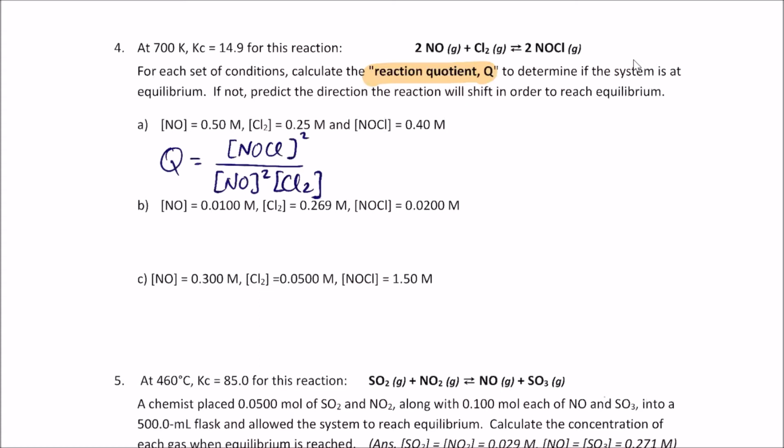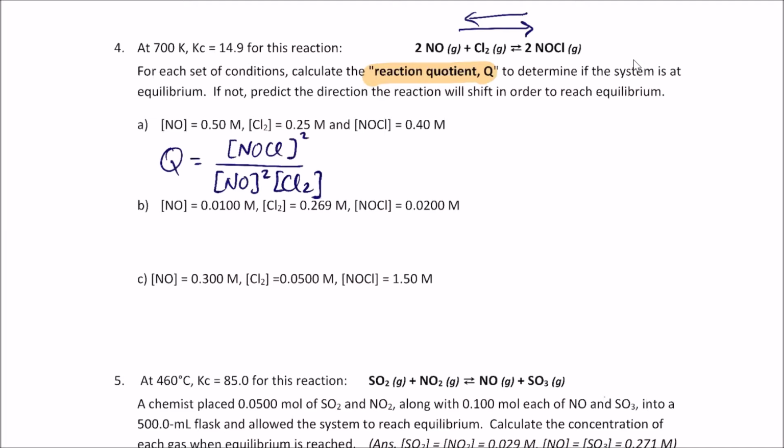If it's not, then we have to predict what direction the reaction will shift in order to reach equilibrium. Will the reaction go forwards, creating more NOCl and less NO and chlorine, or will it go backwards and create more NO and chlorine and less NOCl?